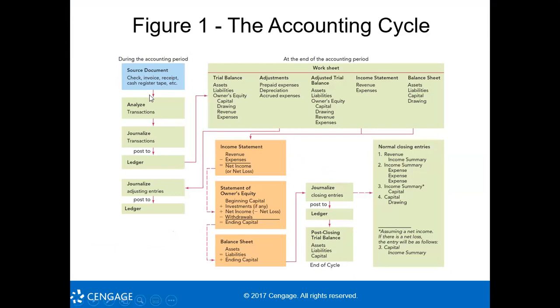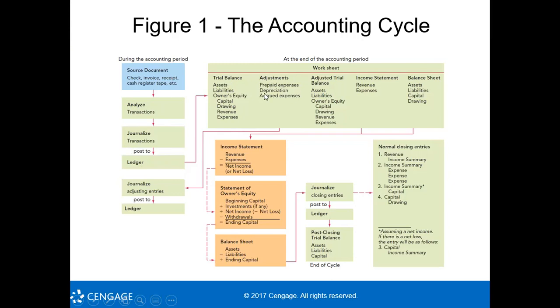From the source documents, we analyze and journalize the transactions. We post those transactions to the ledger accounts, AKA T accounts, right? And then from those T accounts, we can prepare our first trial balance, the unadjusted trial balance.